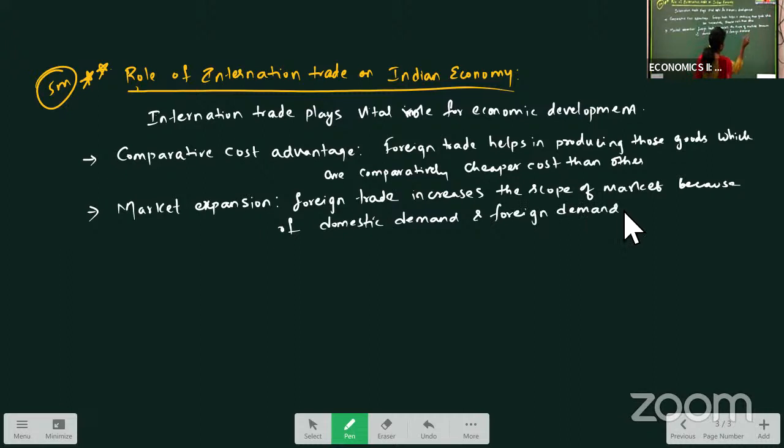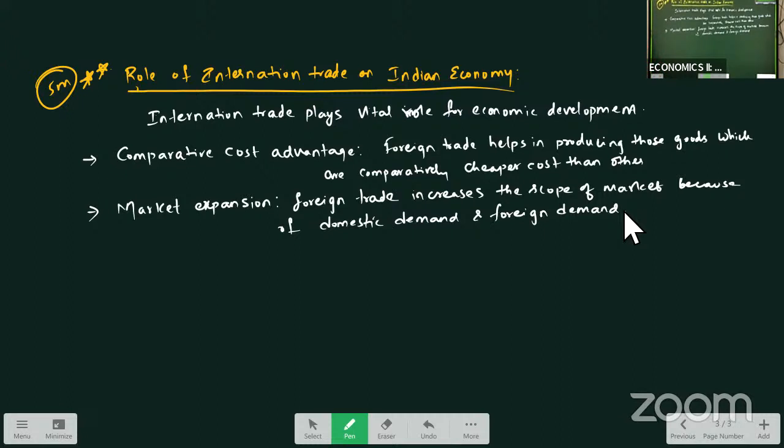That means when a country is going for international trade, the market is expanded. They should supply the products for domestic purpose as well as for international purpose. So foreign demand and domestic demand will be there.